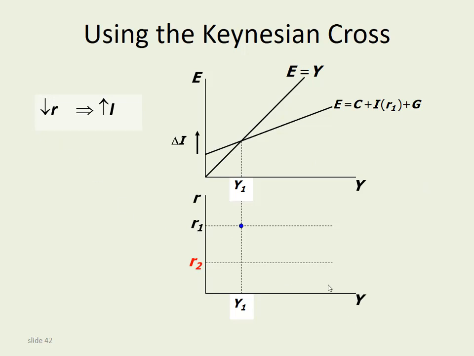So in this new diagram we're introducing, let's say we had here a combination of R1 and Y1. Let's say at this point, we're at equilibrium here, which means, going back to the previous equation, that this is a place where S is the same as investment. Savings and investment are equal. We're satisfying this equation.